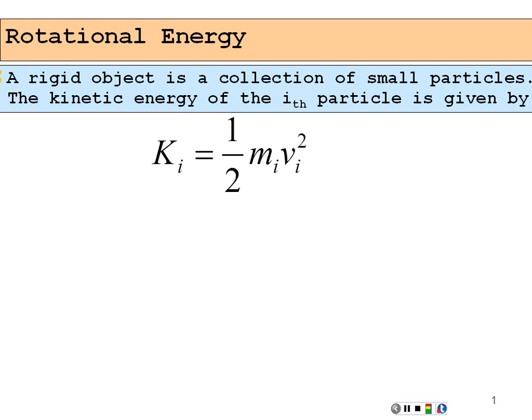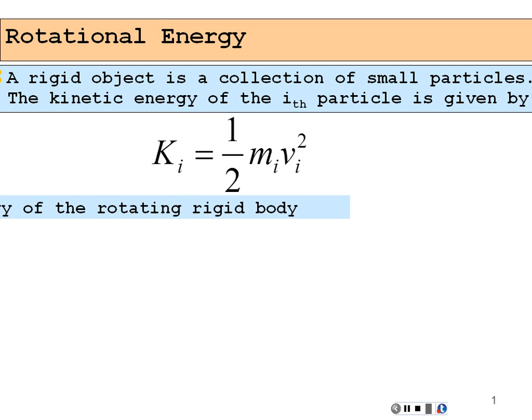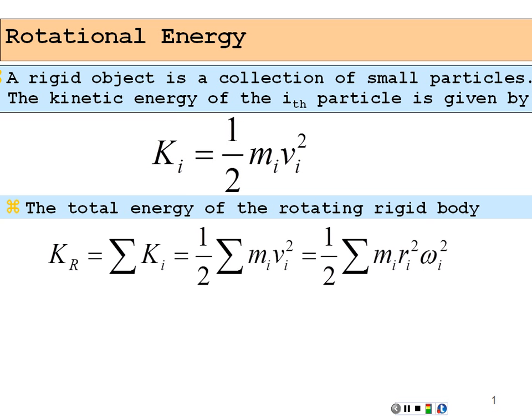And that would be the kinetic energy associated with one little piece of that wheel. So the total energy of the whole wheel would be the 1/2 mv squared for every particle on that wheel. So I would say it's 1/2 the summation of every ith particle times its linear velocity squared.